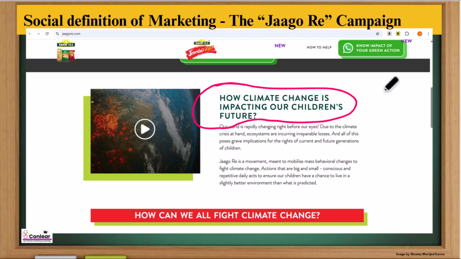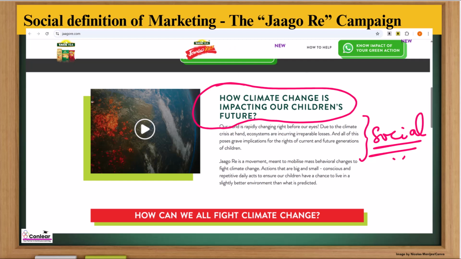Due to the climate crisis at hand, ecosystems are incurring irreparable losses. And all of this poses grave implications for rights of current and future generation of children. Now, this is where the awareness is being created among people to be cautious about climate change.